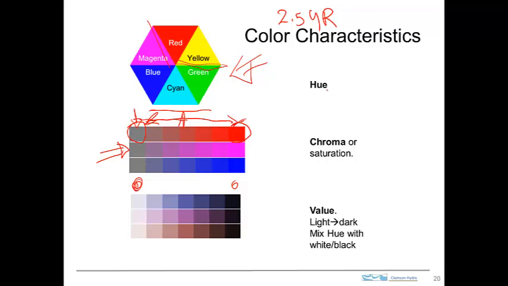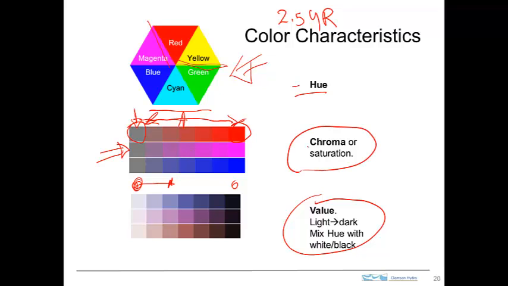So by describing these three things: the base hue, then the value gives us the shade of gray, the neutral color, and then the chroma tells us how much of the neutral color and the hue we have, what percentage of each. So that'll be the general approach.